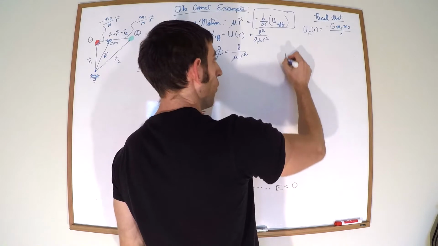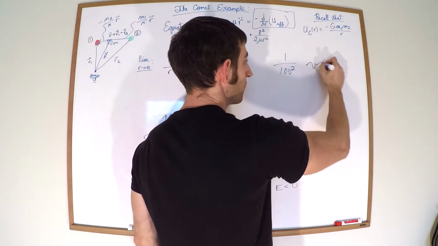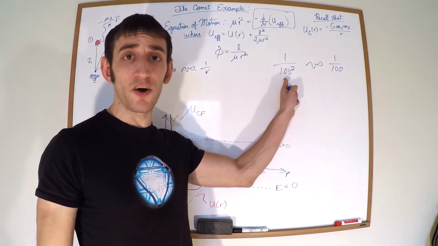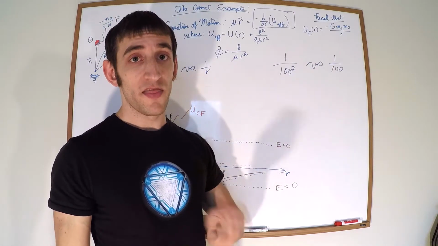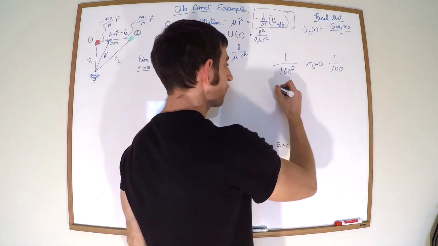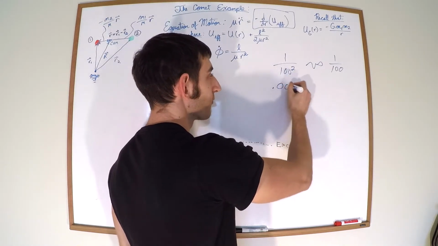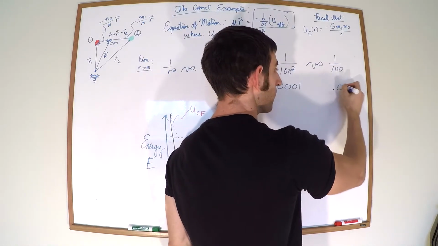So if we have 1 over 100 squared versus 1 over 100, obviously when you have a big term squared on the bottom, this term is going to be smaller than that term. And we can see that illustrated if we add them together, because this term is just 0.0001 versus 0.01.